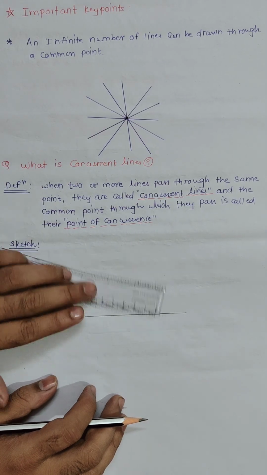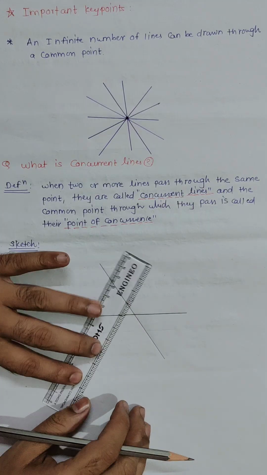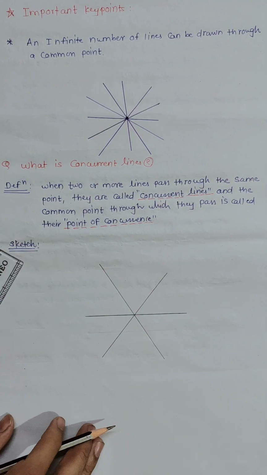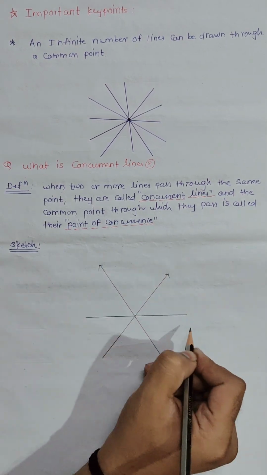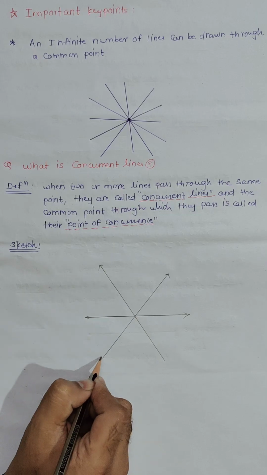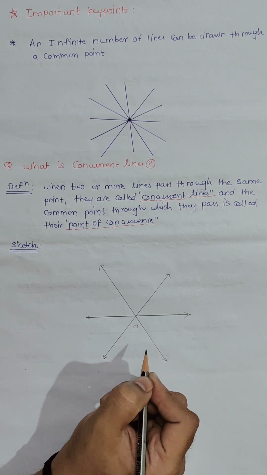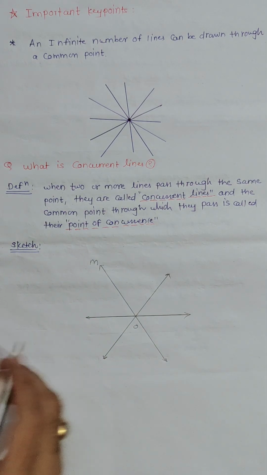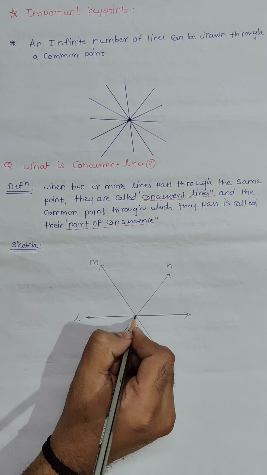Then draw one intersecting line in this way. Clear? Now this is line M. This is point O. This is point M. This is point N. This is point L. This is O, and this point is called the point of concurrence.